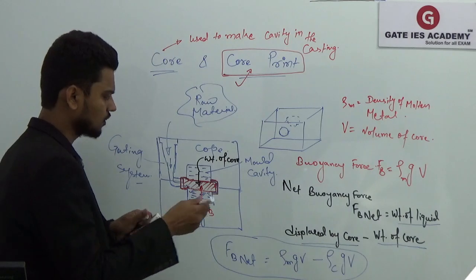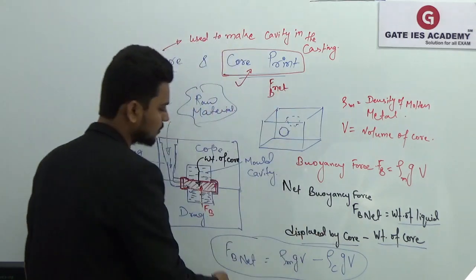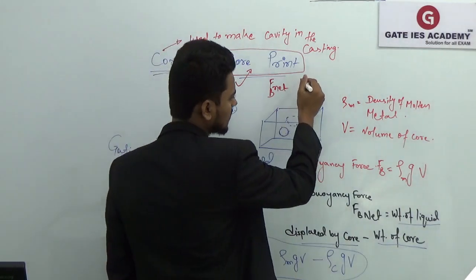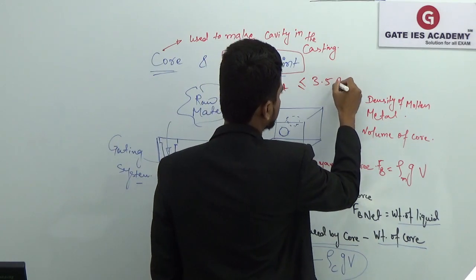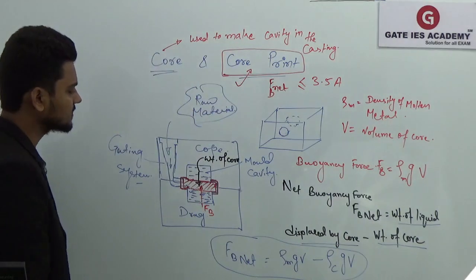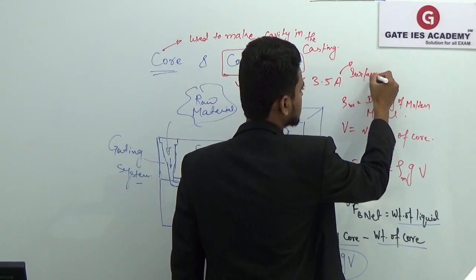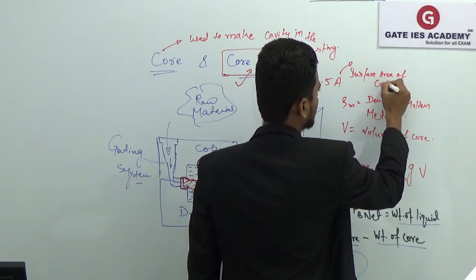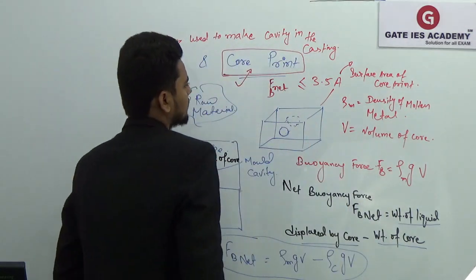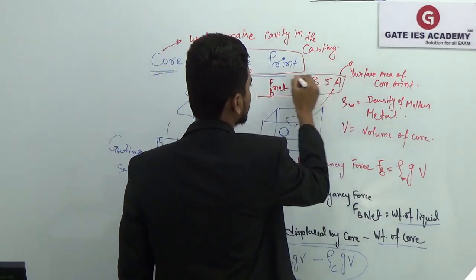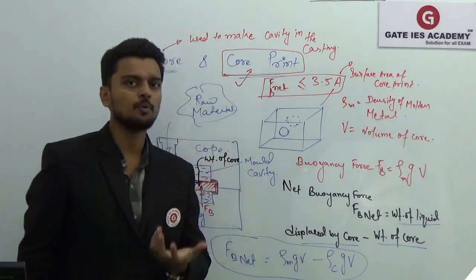So if this F net, that is your FB net buoyancy force, is less than or equal to 3.5 A, where A is the surface area of that core print, or I can say FB minus 3.5A is your unsupported load.